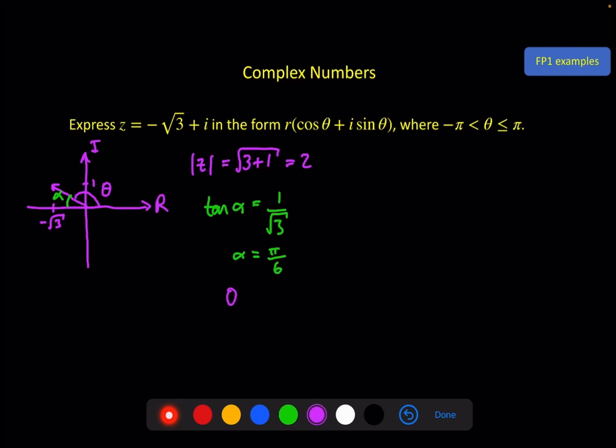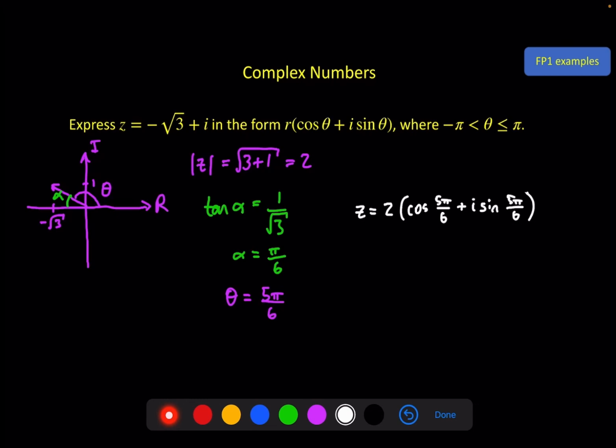So my theta, which I can see from the diagram is going to be a positive number, is pi minus pi by 6, which is 5 pi by 6. Putting these two together into the correct format then, we get z is equal to 2, which is the modulus, times the cosine of the principal argument 5 pi by 6, plus i times the sine of that same number.